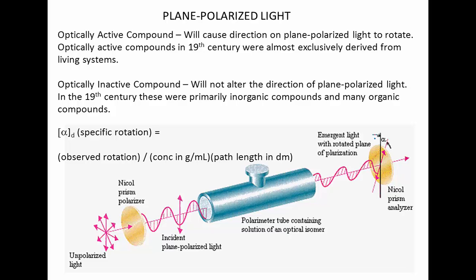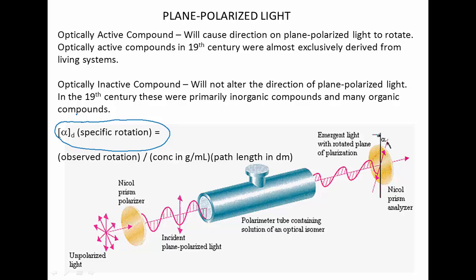Okay. After taking into account the fact that we have different concentrations in this tube, and sometimes people were using tubes of different lengths, this equation was developed where we just factor out those different path lengths and concentrations. And this value here is called the specific rotation.